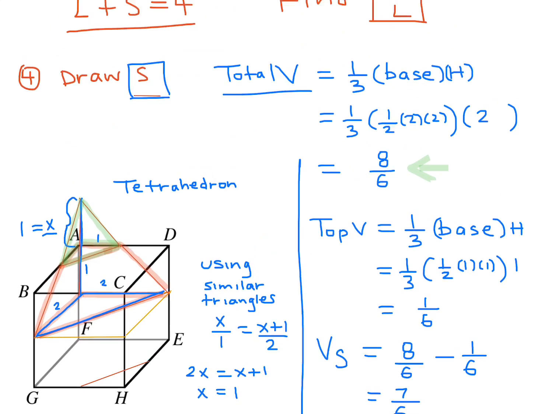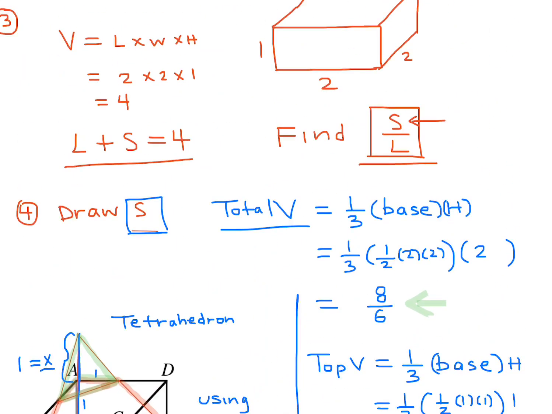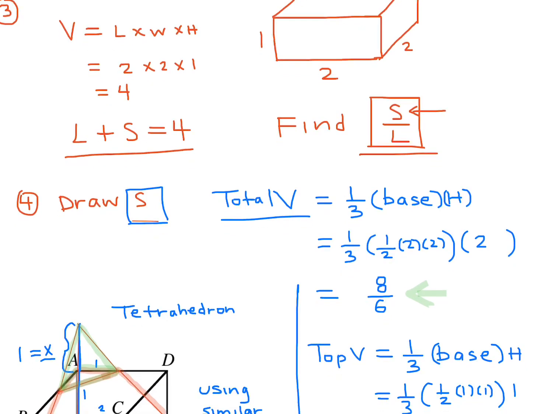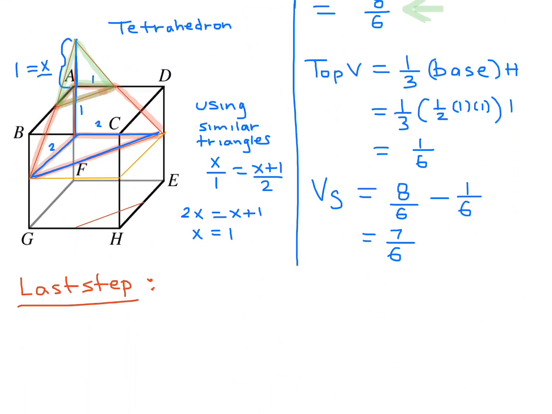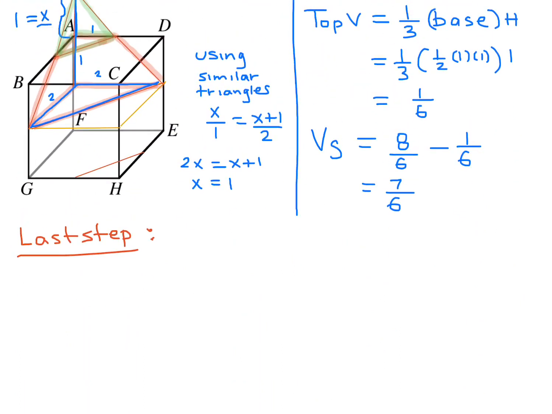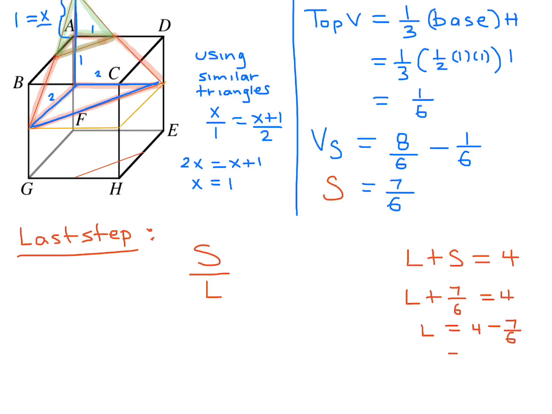So now let's refresh our memory as to what it is that they wanted. They wanted us to find this, right? S over L. And we also know that L plus S is equal to 4. All right, great. So this was S, right? So that means L plus 7 over 6 is equal to 4. So L is equal to 4 minus 7 over 6.